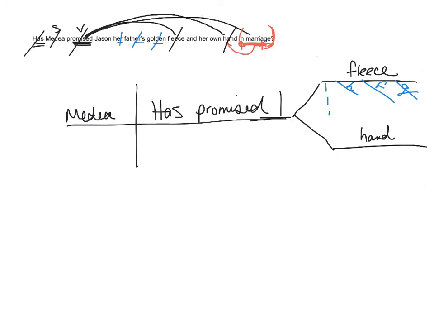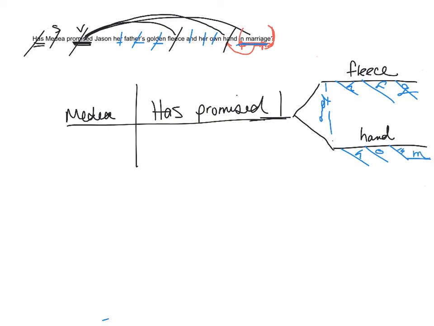And it's going to go here. And no, I'm not doing it terribly in detail, but this is just so that you understand why I'm putting things. So go look at the key if you want it done neatly. Her own hand in marriage. In marriage.